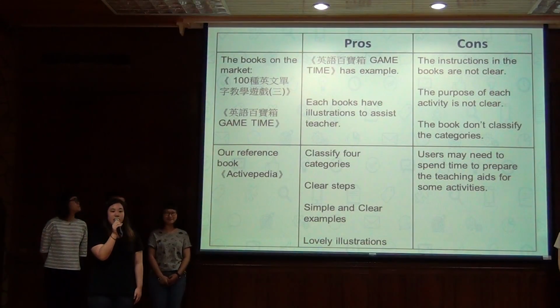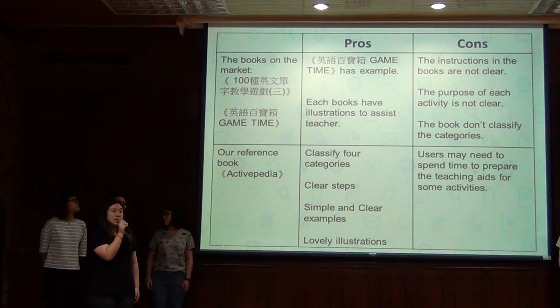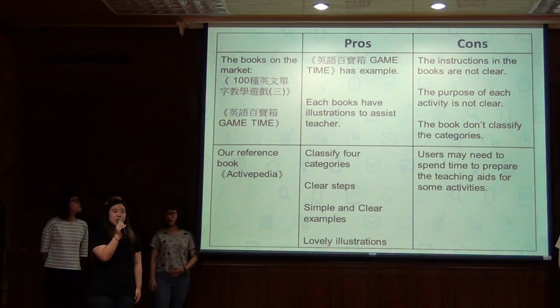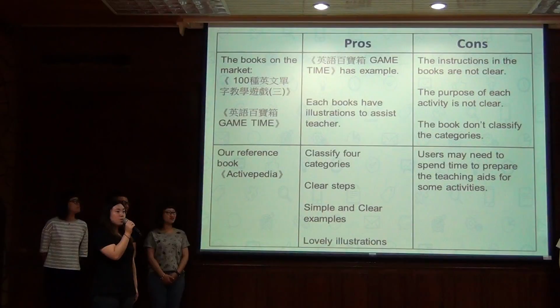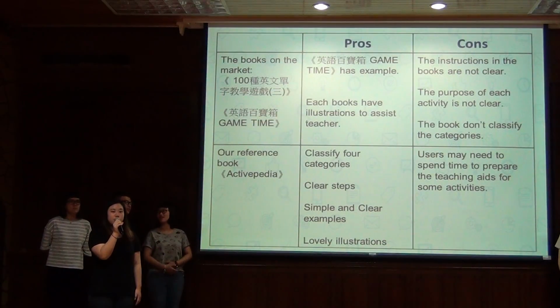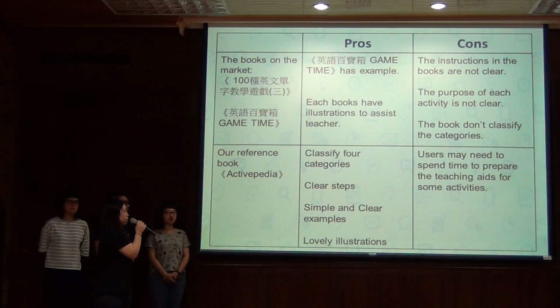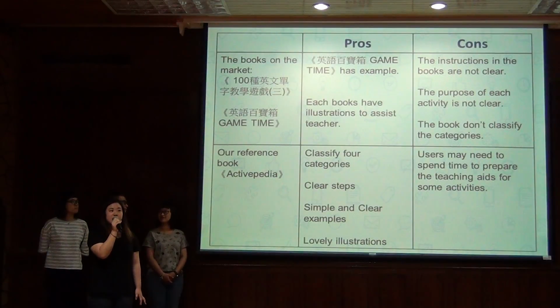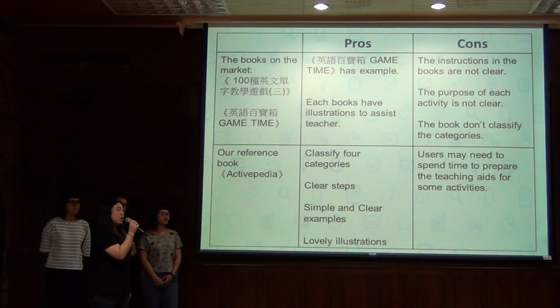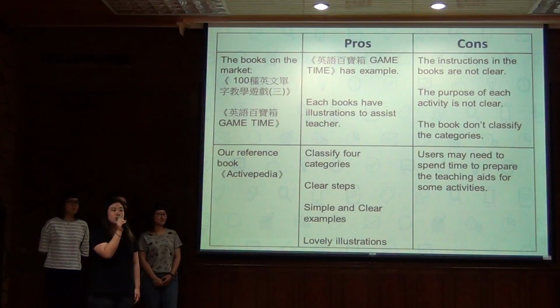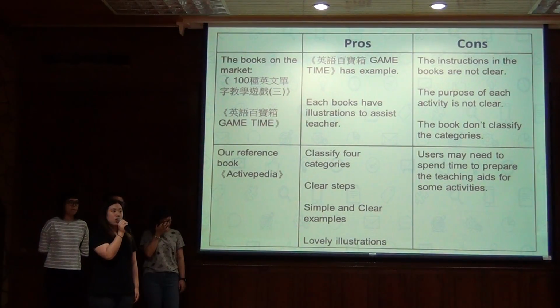Actipedia not only has both Chinese and English versions, but also has clear instruction steps and lovely illustrations so that users can know the rules of the games more easily. We emphasize 4 different sections: icebreaker, vocabulary, grammar, and dialogue. Users can, based on their needs, choose the activity that they want.